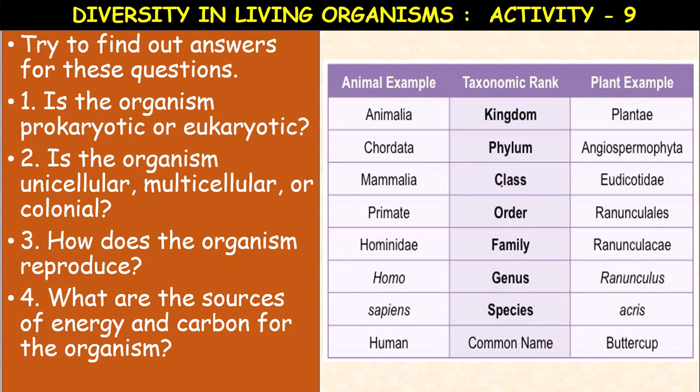Because a kingdom includes several phyla, a phylum includes several classes, a class includes several orders, an order includes several families, a family includes several genera, and a genus includes several species. So that's why representation in this manner gives a clear-cut classification.